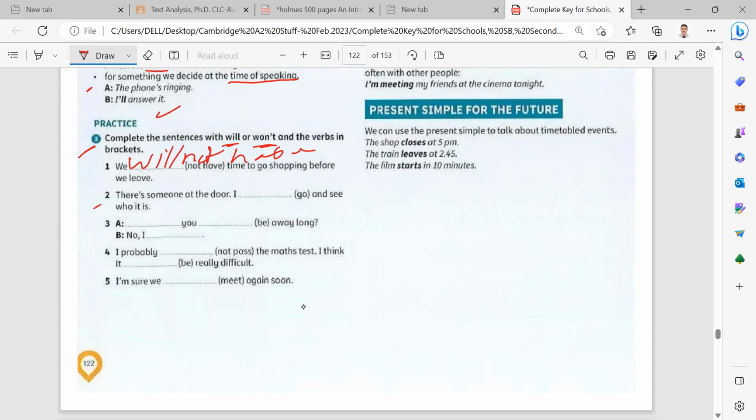طيب. Another one. There is someone at the door. I will. Yes, I'll or I will go and see. طيب, here a question يا سارة. You be away long?